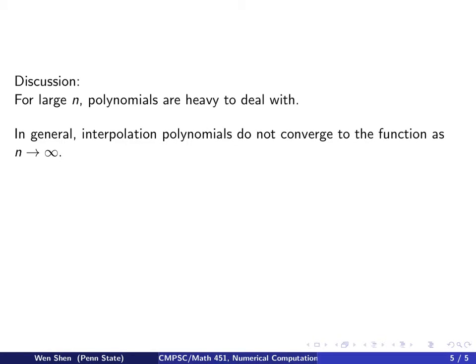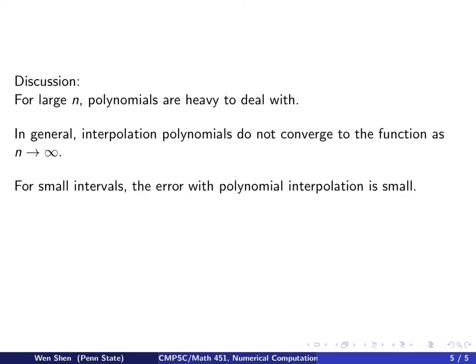And second, and probably the worst thing, theoretically, if you increase n, your interpolation polynomials do not converge to the function in general. Further, we observe that if you choose very small intervals, if your interpolating points are rather near each other, then the error is actually very small.